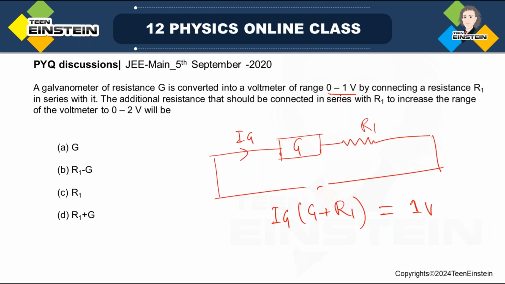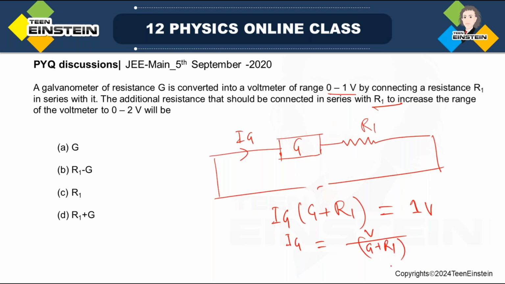Now look at the question. The additional resistance that should be connected in series with R1 to increase the range of the voltmeter from 0 to 2 V. It is now easy, right? Ig means the current through the galvanometer which will provide full scale deflection.